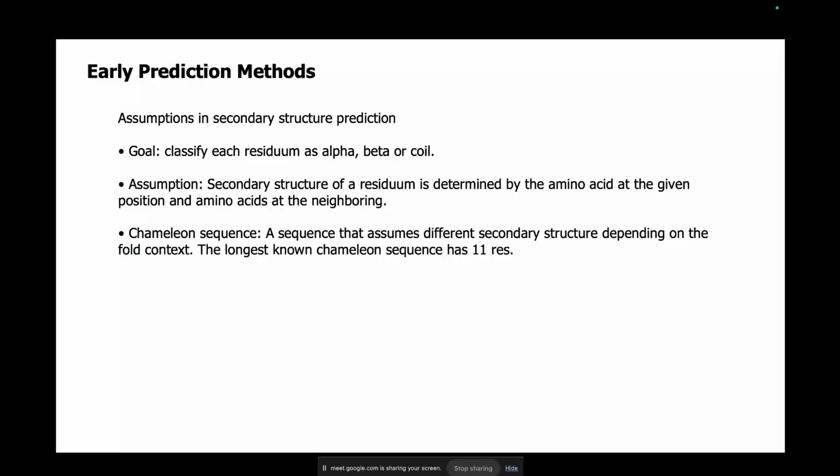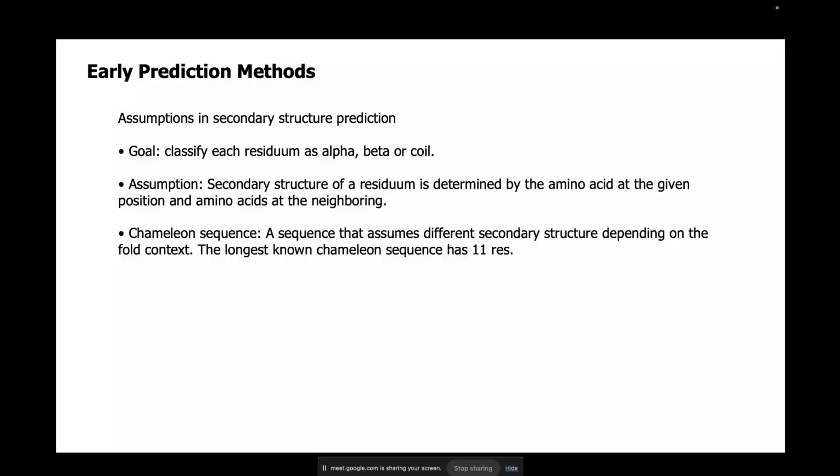Now when you're predicting the secondary structure of a protein, the idea is that you classify each residue as a particular secondary structure, if it's an alpha helix or a beta sheet or a coil. The assumption is that the secondary structure of a residue is determined by the amino acid at a given position and the amino acids of the neighboring residues as well.